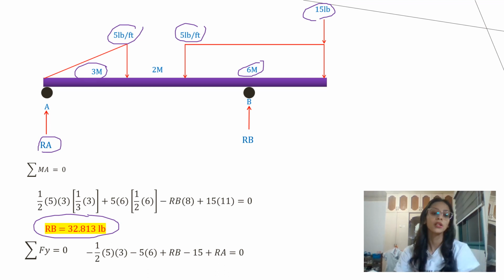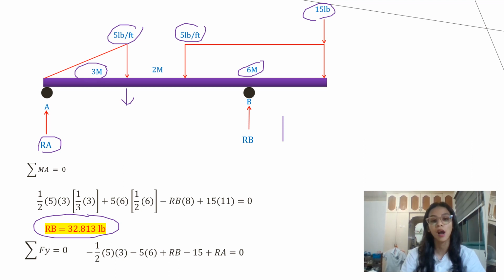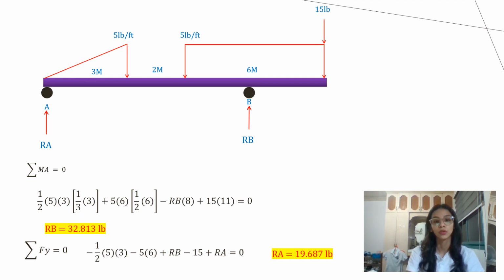So it is all negative since all the lines of action or the arrows are pointing downwards. And our RB is positive since it is pointing upwards. So our RA is equal to 19.687 pounds.